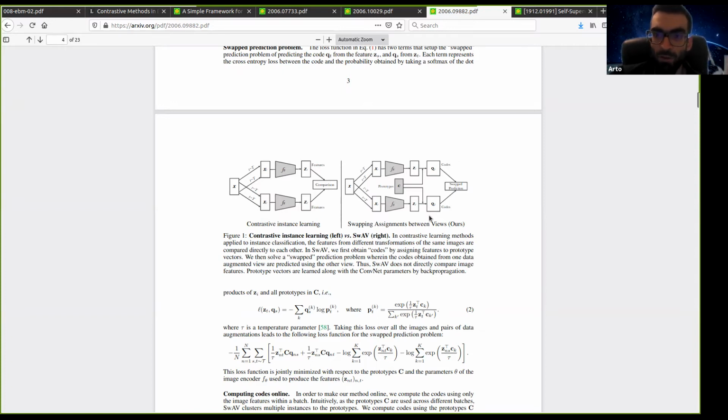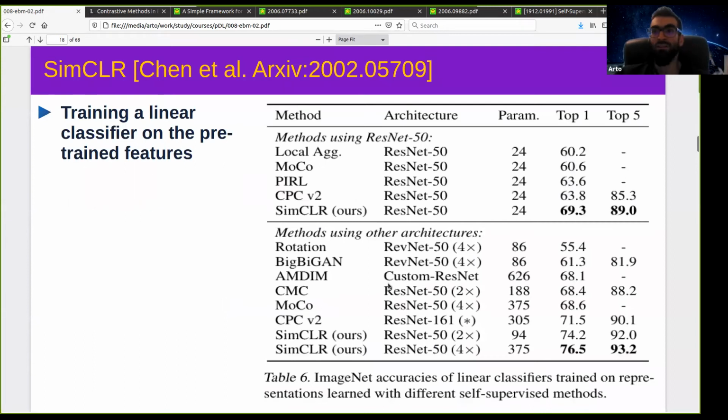And yeah, so why is this important? Because obtaining these negative samples has two problems. First, it's very computationally expensive, right? We need to compute a lot of similarity matrices on a bunch of samples.